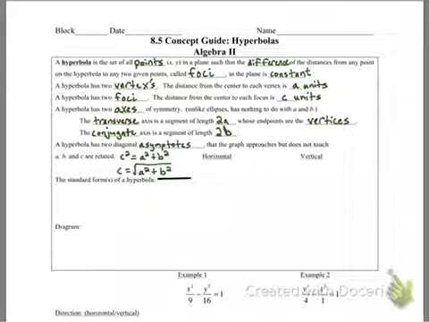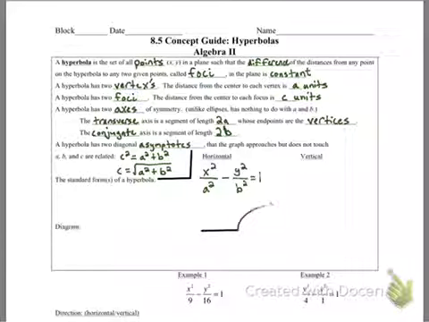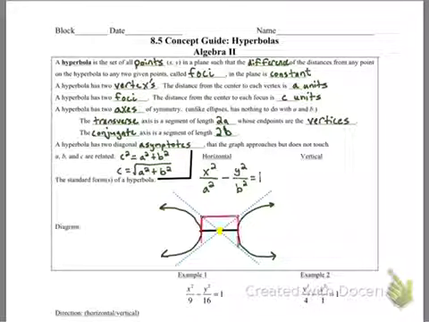All right, I'm gonna play. What's different than ellipses is it does matter in hyperbolas whether the x or y comes first, okay? If x squared comes first, like this example below, it is a horizontal hyperbola.